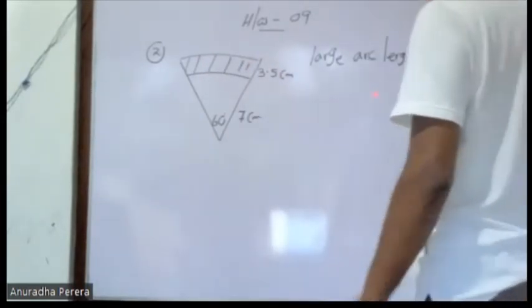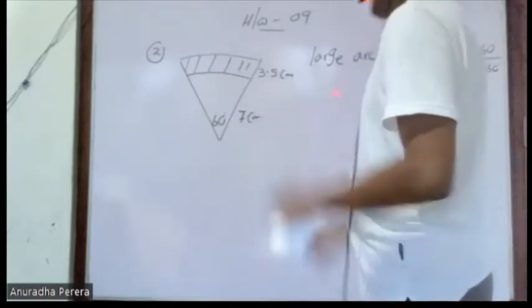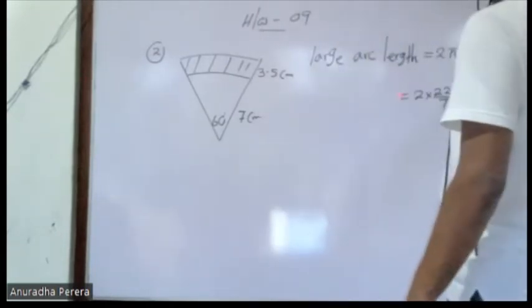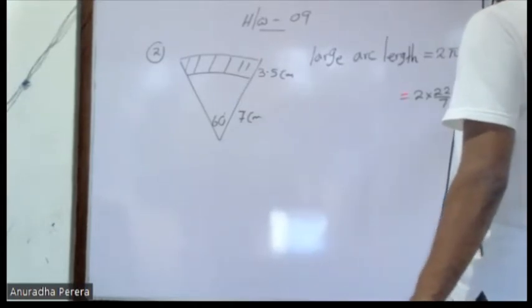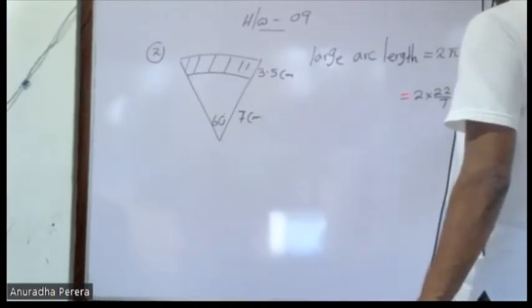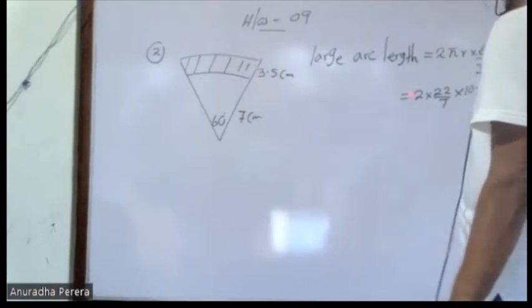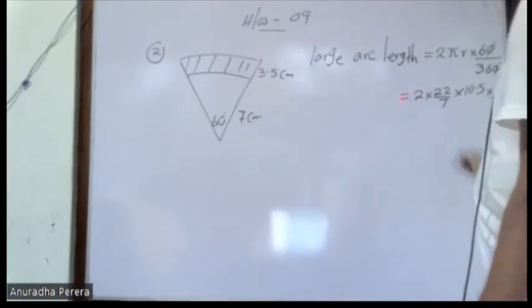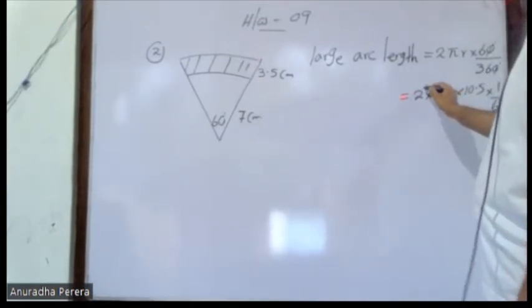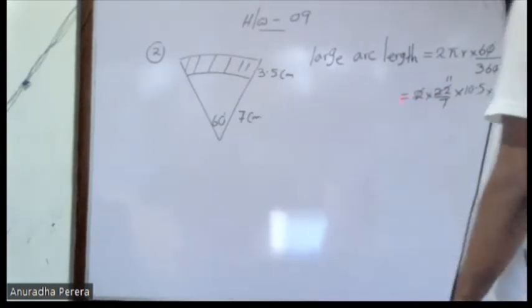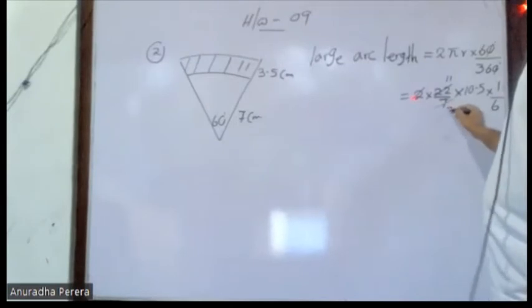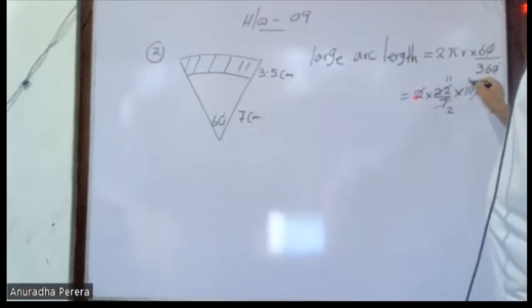Radius of the large one is 10.5. Then simplify this 1 over 6. Yes. Simplify by 2. 11 by 3.5. 2, 3.